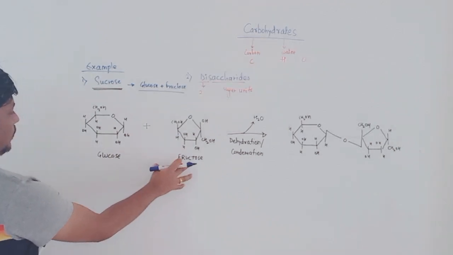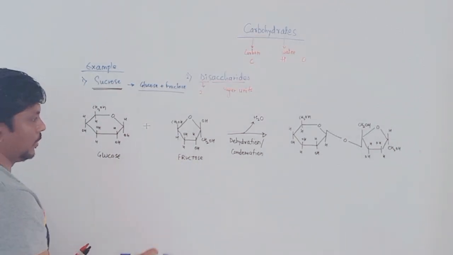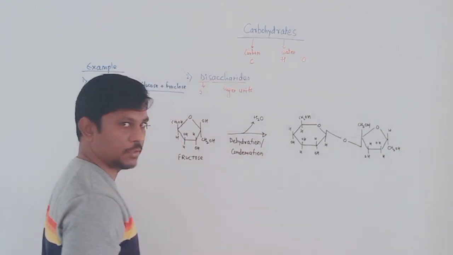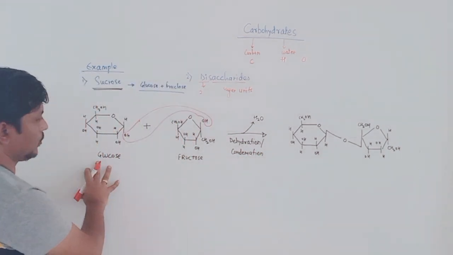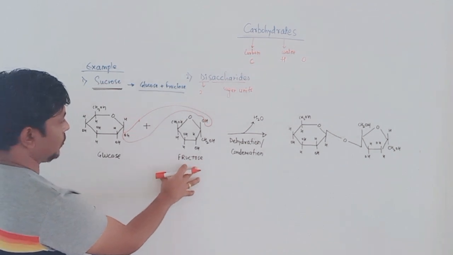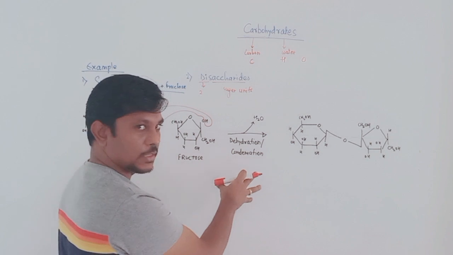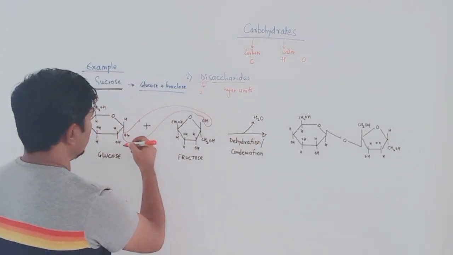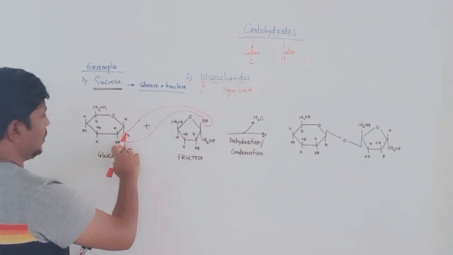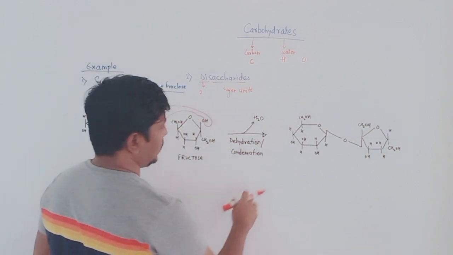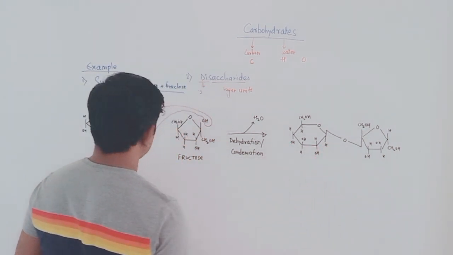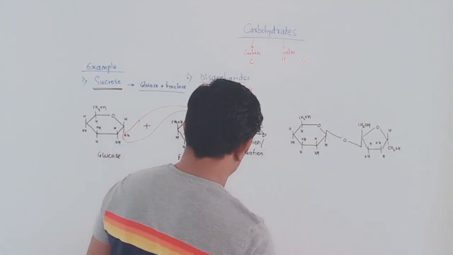This fructose and glucose molecule will go through a dehydration or condensation process. So this one glucose molecule and one fructose molecule will combine with each other, and with the dehydration or condensation process, will lose one water molecule like this, and there will be formation of a glycosidic bond.